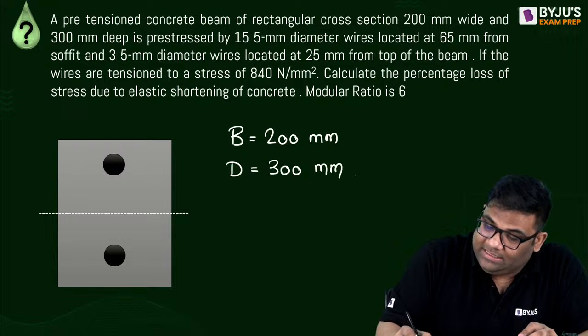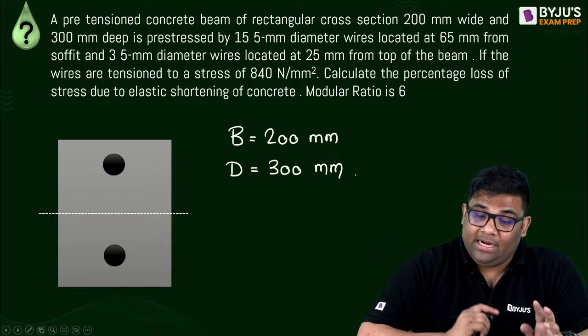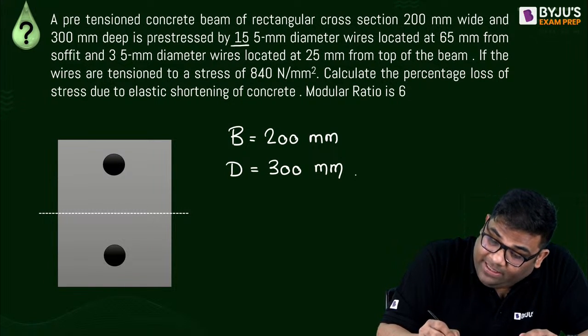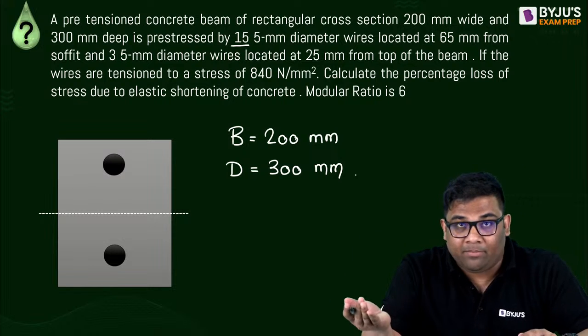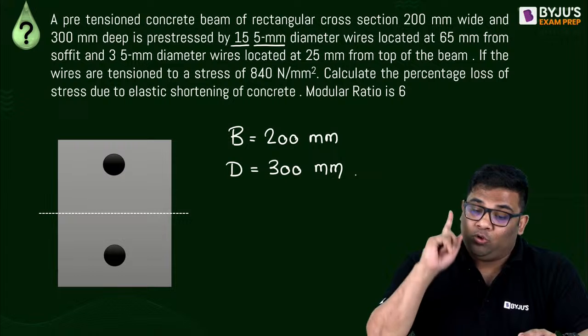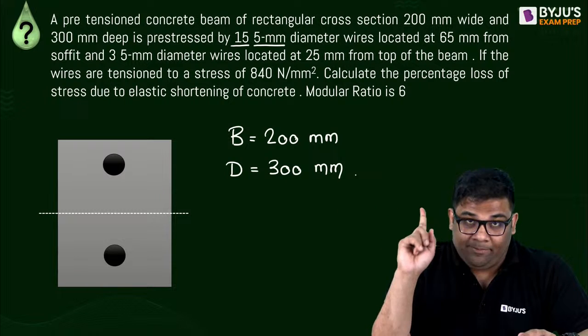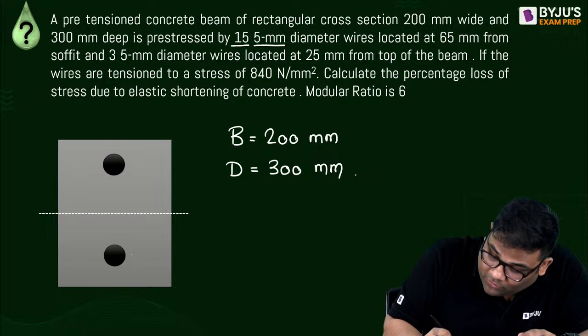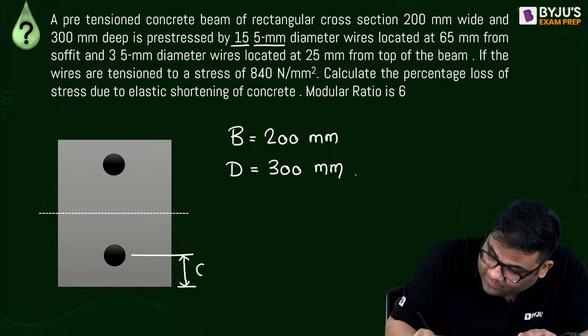It is given that it is pre-stressed by 15 5 mm wires. The diameter is 5 mm but the number is 15. So 15 5 mm diameter wires located at 65 mm from soffit.